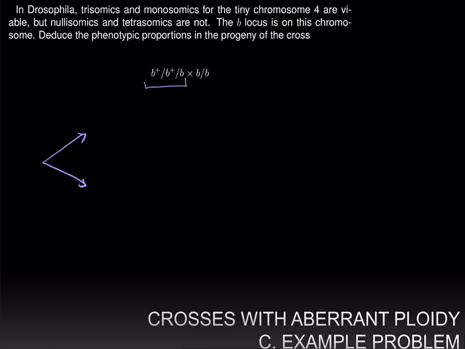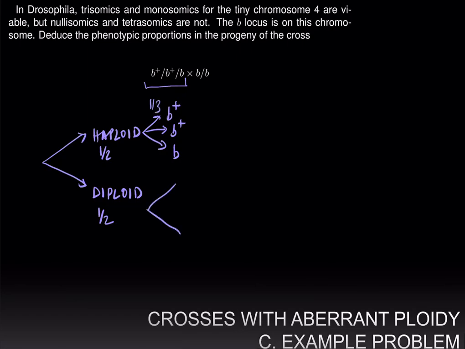So the gamete could be haploid or diploid with probability of a half, and then if it's haploid, it could be B plus, or it could have the other B plus, or it could have the B, all with a probability of a third.